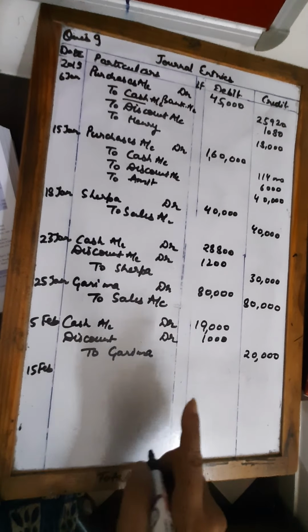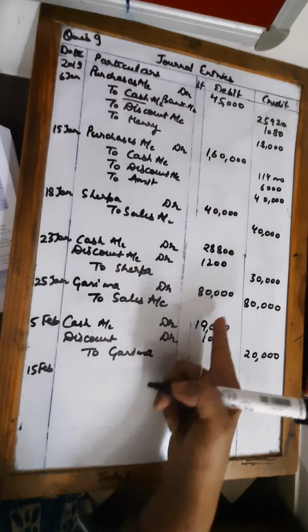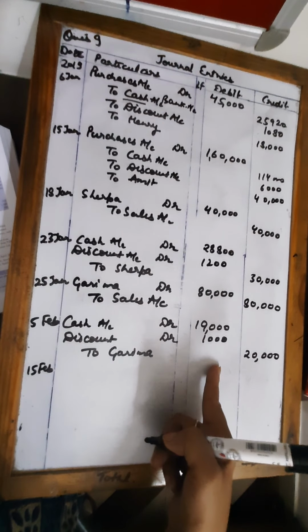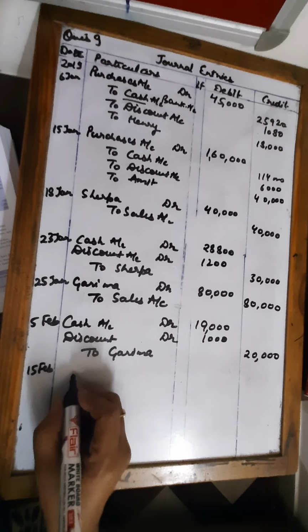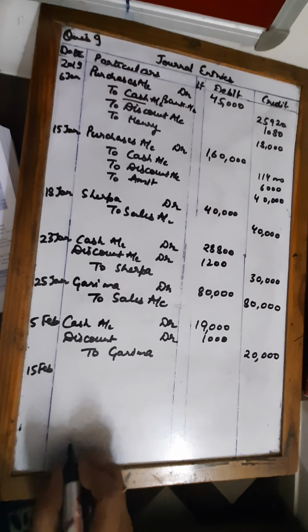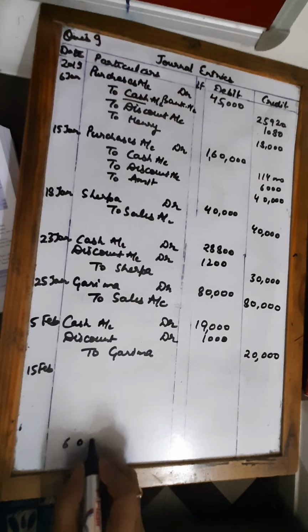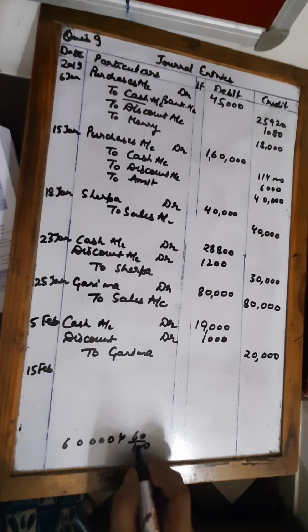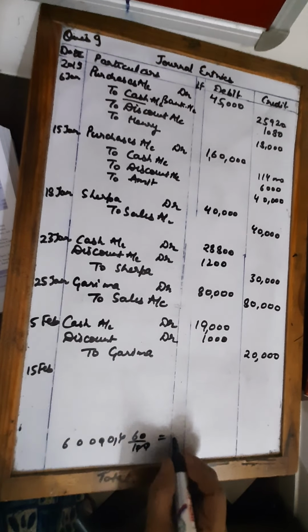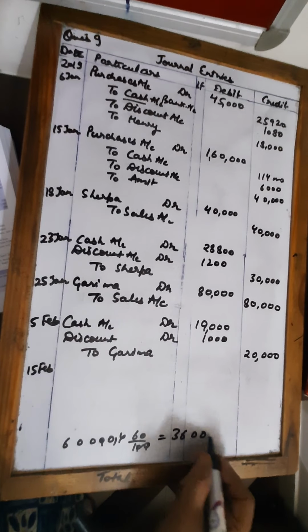She is paying 60% of 60,000, that is 60,000 into 60 upon 100, 36,000 she is paying.